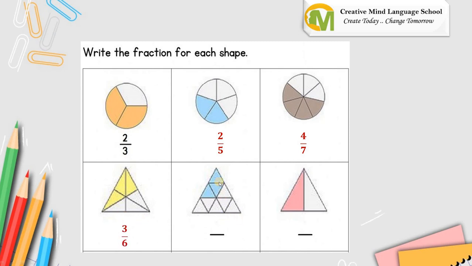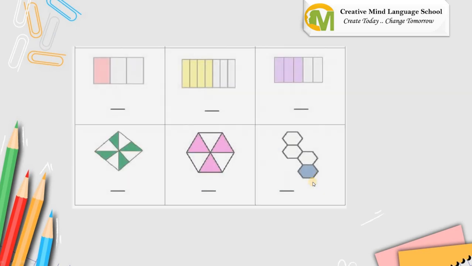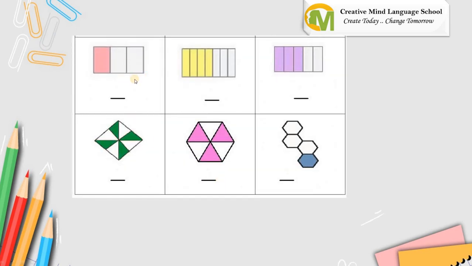Then the next, I have 3 parts over, count all: 3, 4, 5, 6, 7, 8, 9. 3 over 9. And the last one, I have 1 over 2, or half. So let's solve the last question.